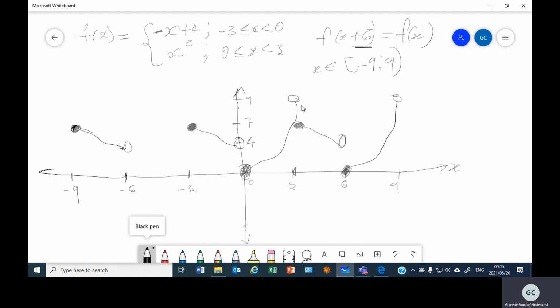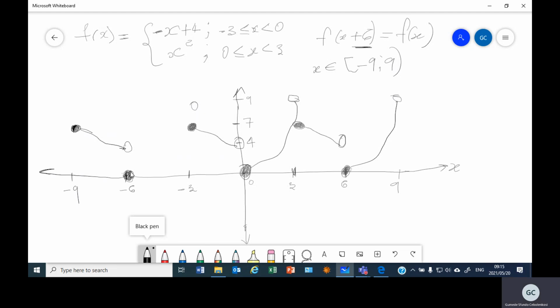Now, let's move this one to the left as well. This was at 0, so it will be here now at -6. This point was at 3. If you move 6 units to the left from 3, 3 minus 6 should be -3.